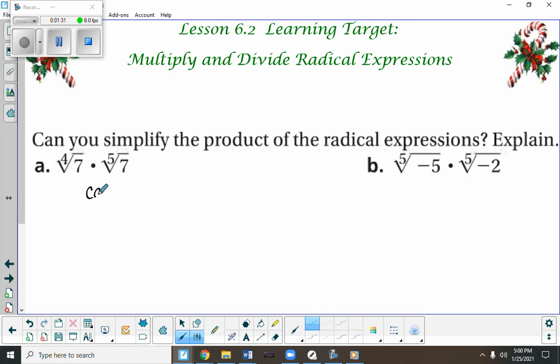Again, you cannot simplify. Let's look at the next example. So we have a fifth root and a fifth root, and they're getting multiplied. So the answer is the fifth root of negative 5 times negative 2. That's a positive 10. And that's all we can do with that problem.